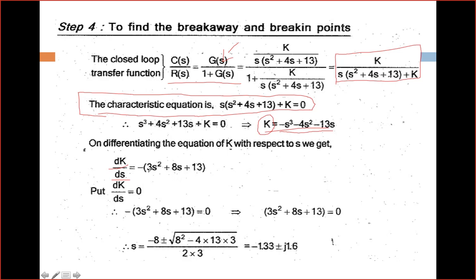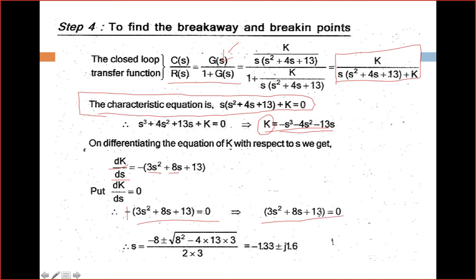You will get -(3s square plus 8s plus 13) = 0. Equating to 0, the minus goes away. So 3s square plus 8s plus 13 = 0.